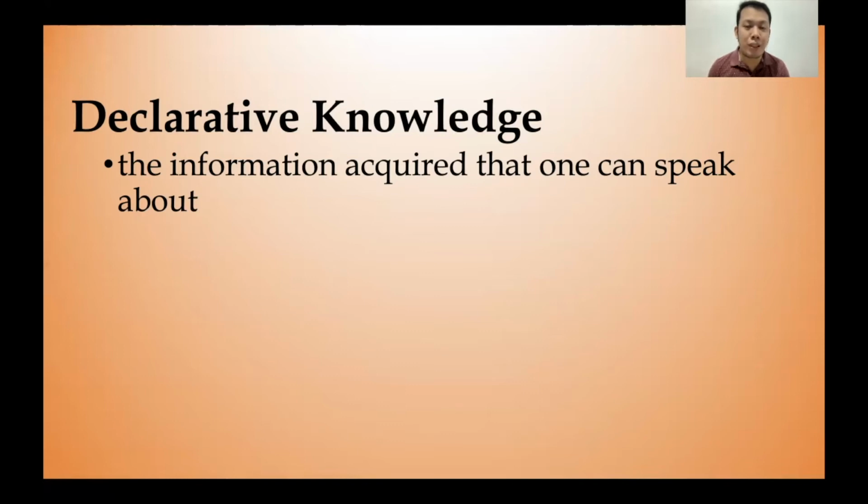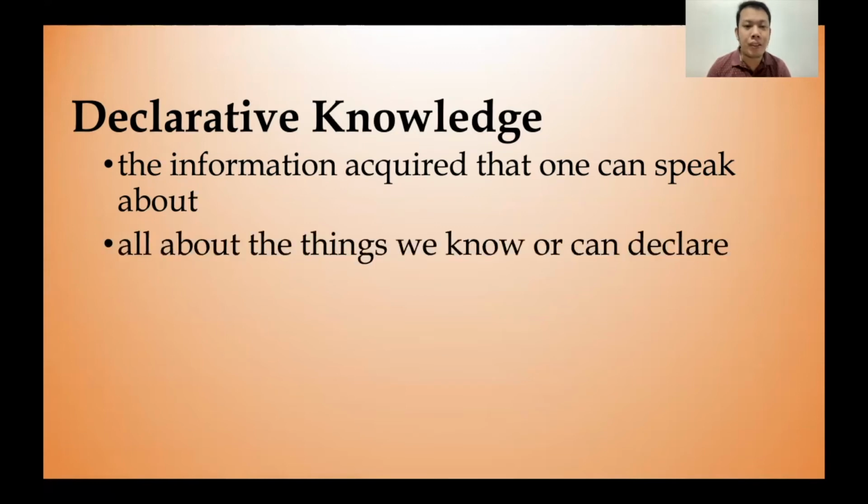There are a lot of information that we can easily tell, like your name, your age, your address, or what is the center of the solar system, or what is a noun, or what are verbs, or who is our national hero. So this information that one can speak about is known as declarative knowledge. All about the things we know or can declare.